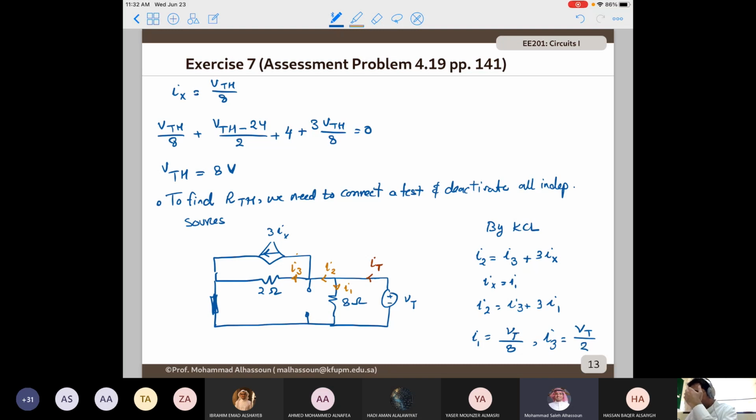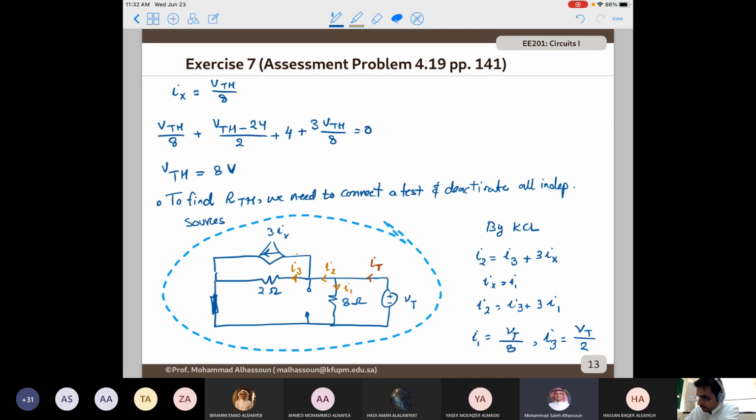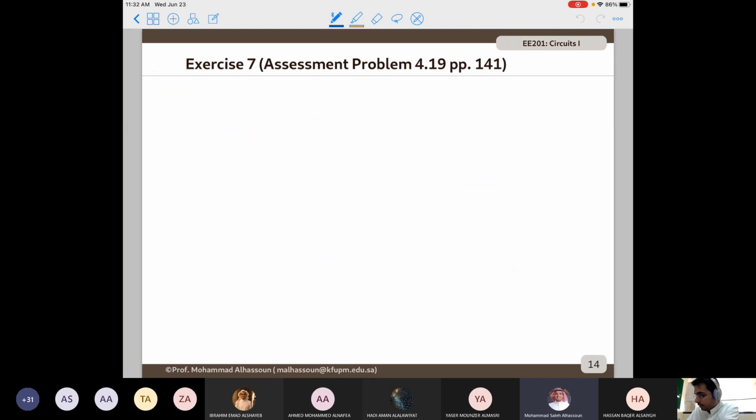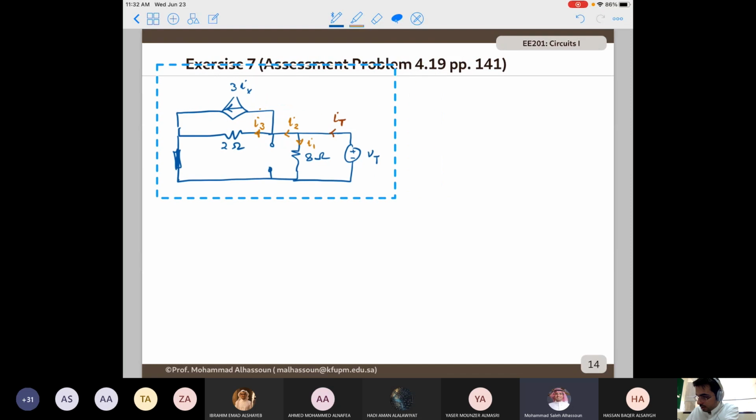Now can I write IT in terms of VT? The answer is yes. IT will be I1 plus I2.